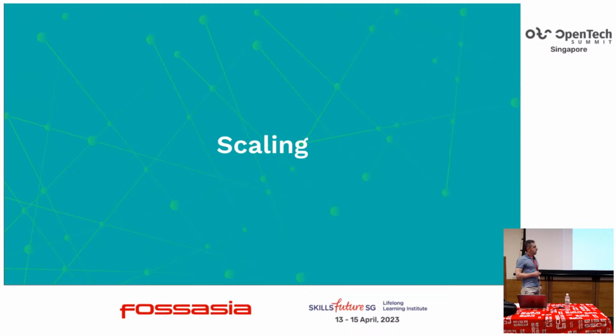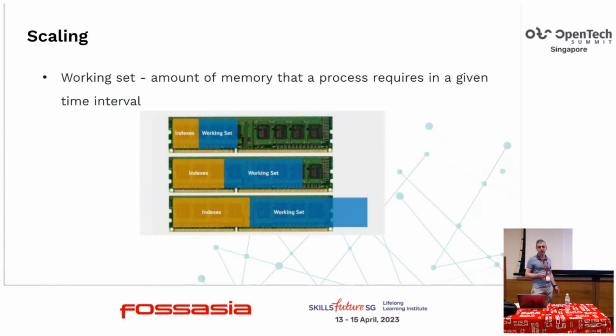So let's move into scaling. In general, for every process, including databases, when the working set outgrows the memory, it's usually time for scaling. With a database, we want to fit the indexes in memory plus the working set.